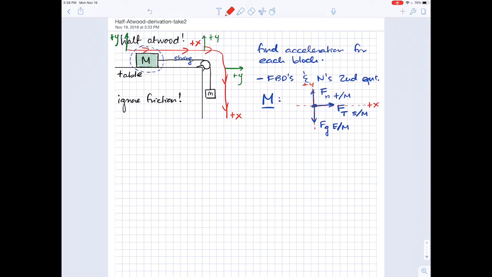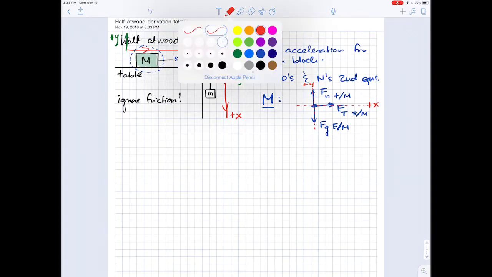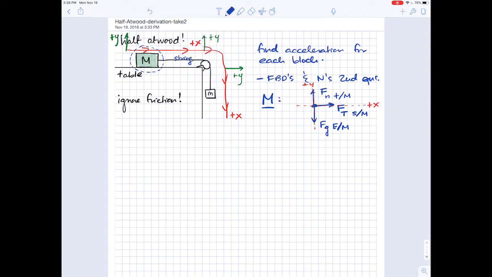Okay, so if we write Newton's second law equations, we have the sum of the forces in the vertical direction equals the mass of the object times acceleration in the vertical direction. And in this case, we don't expect there to be any acceleration in the vertical direction, which tells us that the force up from the table minus the force down from the earth had better balance.